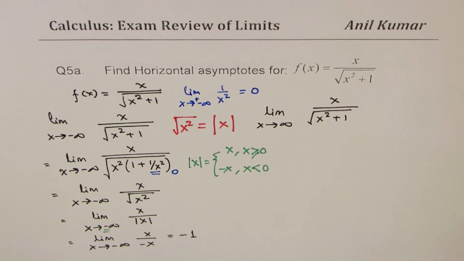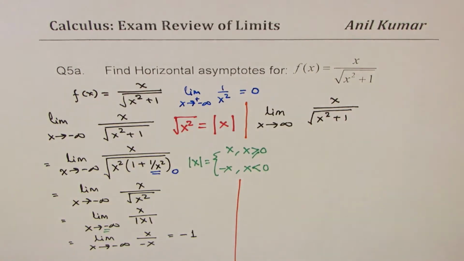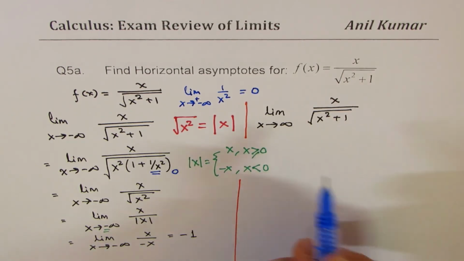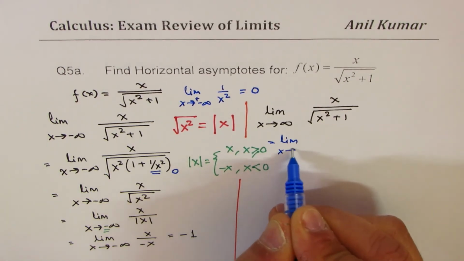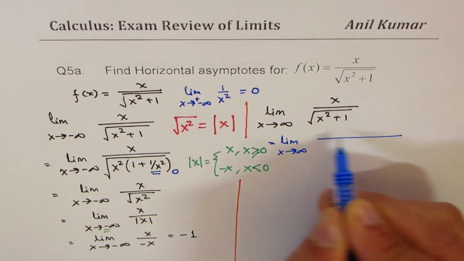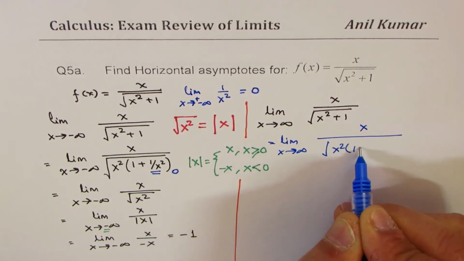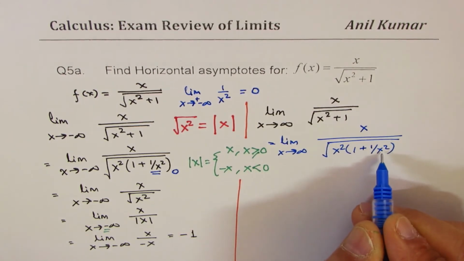Now let's do the right side. I hope this concept is clear. Part B is for you to do and apply this concept which we are learning. Let's now do the limit when x approaches infinity, so on the right side. We'll do exactly the same steps. We say limit as x approaches infinity, factor out x squared, right? So we get the square root of x squared times 1 plus 1 over x squared. Now you understand 1 over x squared will be 0.